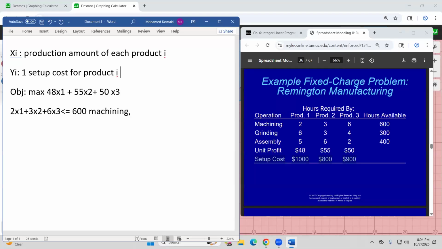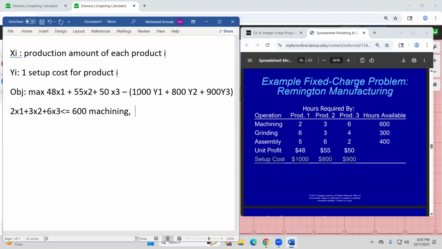Does it make sense so far? So I need to add minus, because these are costs: minus 1000 y1 plus 800 y2 plus 900 y3. So I subtract the setup cost, right? Does it make sense?